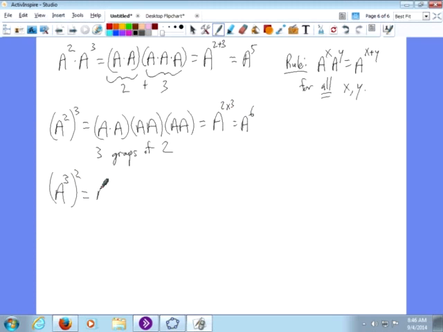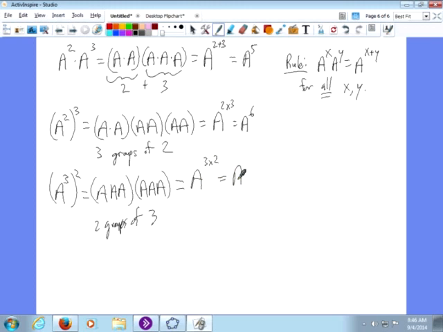If we do it in the other order, we get 3 copies and another 3 copies. So what you have here is 2 groups of 3.